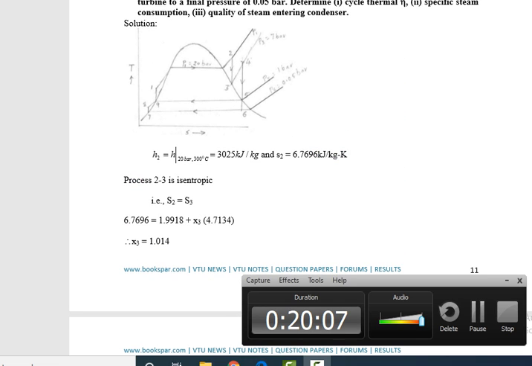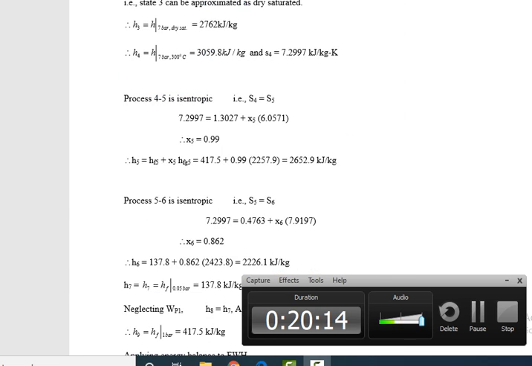Again go to this point 5. That means at that point the dryness fraction of steam is 0.99. And then, after that, h5 equals hf plus x5 sfg5, and since we have found x5, we can easily find the value of enthalpy at point 5. Put in the values and you get the enthalpy h5 equal to 2652.9 kilojoule per kg.